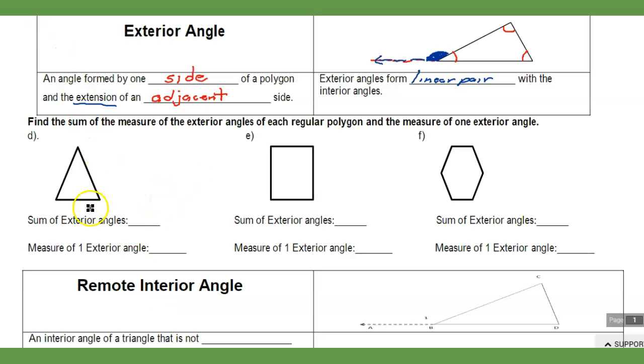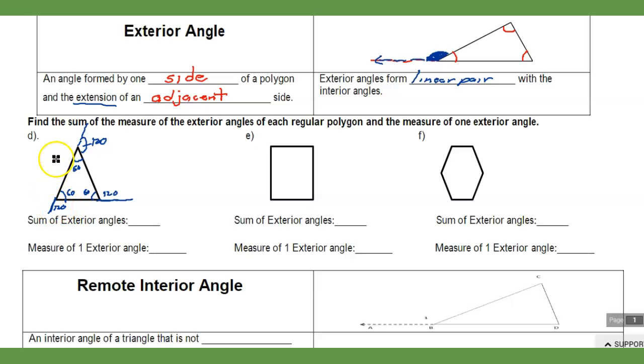So let's apply the idea of exterior angles to, let's say, this equilateral triangle, where each one of these is 60 degrees. Okay. So if we extend all the way, and this is a linear pair, that means this is 120 degrees, right? That's that exterior angle. This one would also be 120, and this one would also be 120.